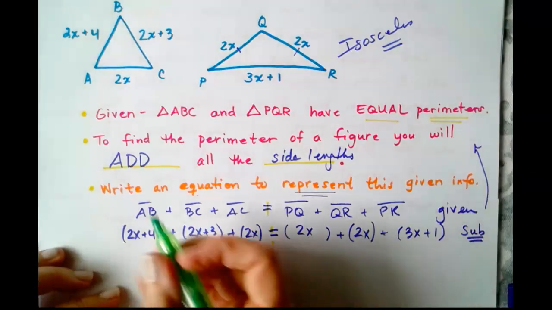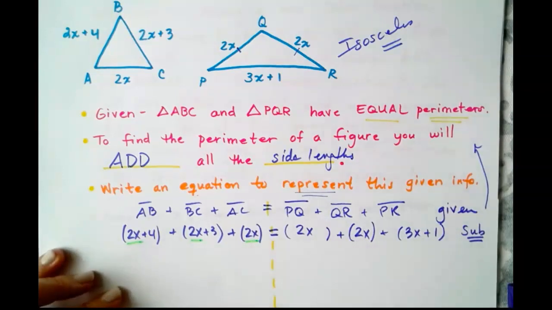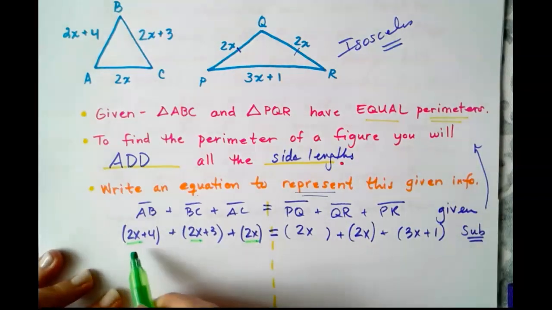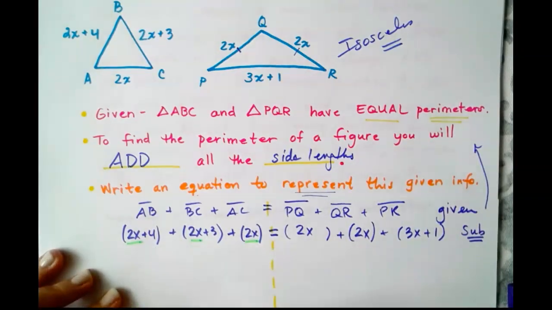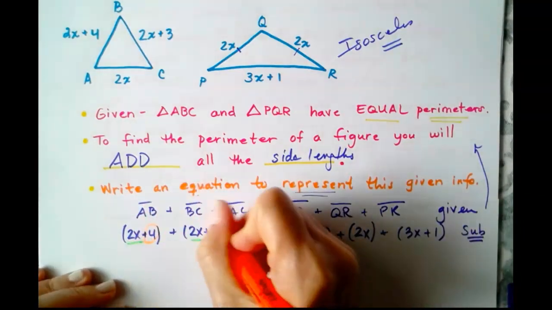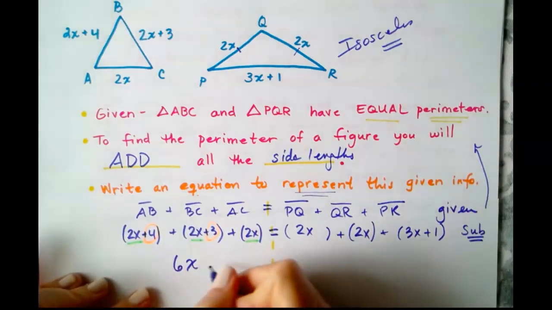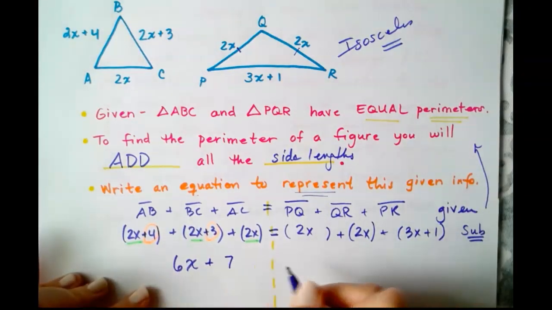So now we're going to CLT. We're looking to combine some like terms. So on the left, we've got 2x plus 4, 2x plus 3, and 2x. So we're going to add all of those x's together, and we're also going to be adding these constants together. So 2x plus 2x plus 2x is 6x, and 4 plus 3 is 7.